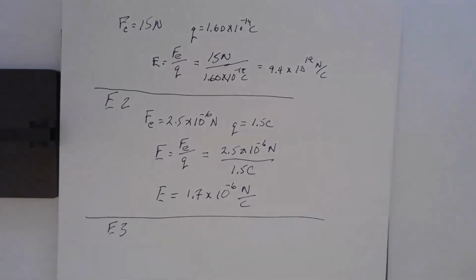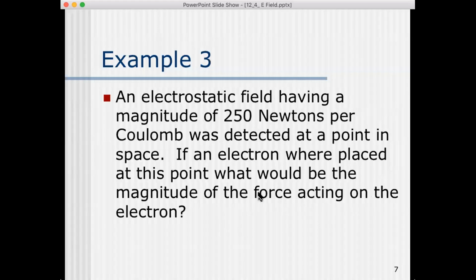I've got a couple more examples here that are significant. So you'll find these little things that you need to do. An electrostatic field having a magnitude of 250 newtons per coulomb was detected at a point in space.